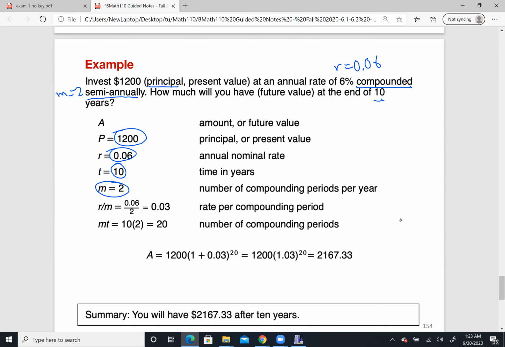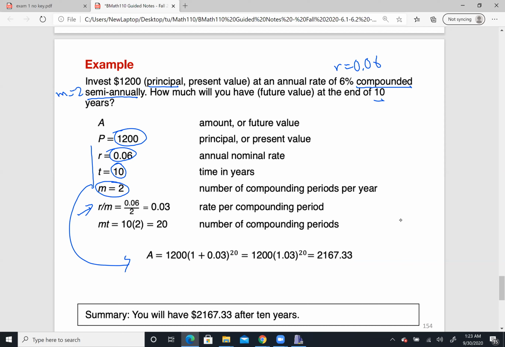From here into the formula, and actually I try to figure out what r over m is first. That is 0.06 over 2, equal to 0.03, and then I found m times t, the power, is 20.